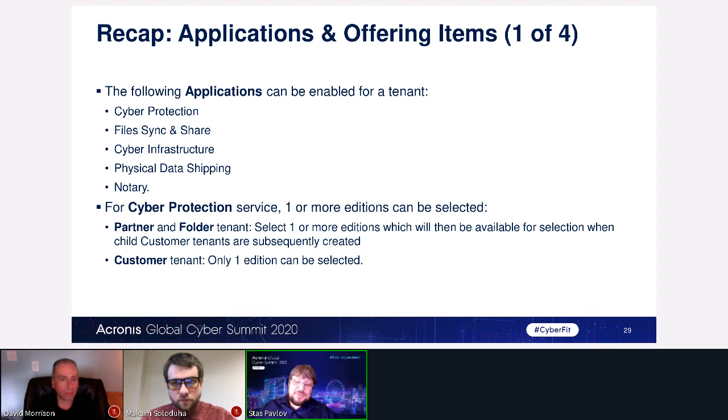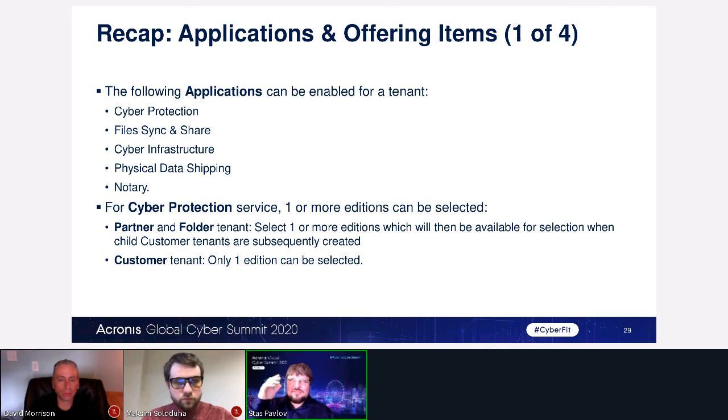And just as a brief intro, we have at least 5 services: cyber protection itself, file sync and share of cyber files, cyber infrastructure, physical data shipping, where you can send your disk to our data centers, and cyber notary. And you can assign different ones, and for cyber protection, you have a number of editions.